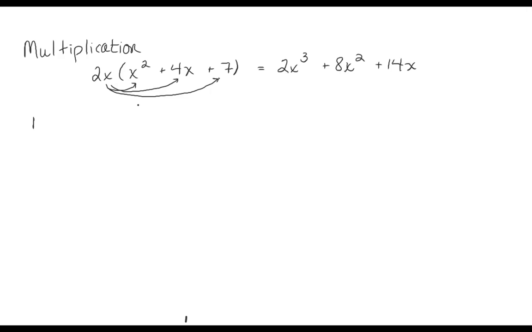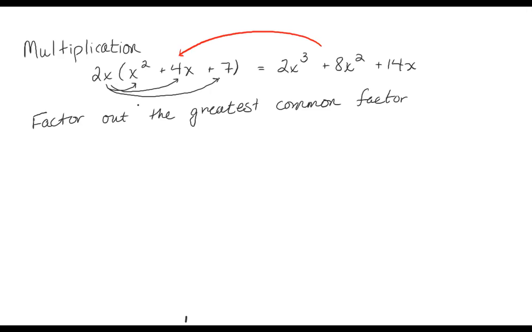If the problem says to factor out the greatest common factor, it's going to want you to go from the right-hand side back to the left-hand side, and that would be factoring. You're taking something that's been multiplied out and writing it back as its original factors.